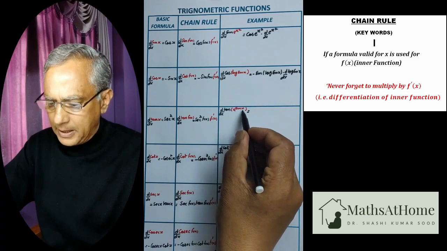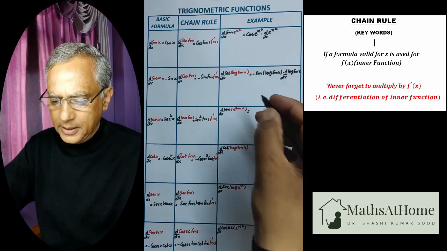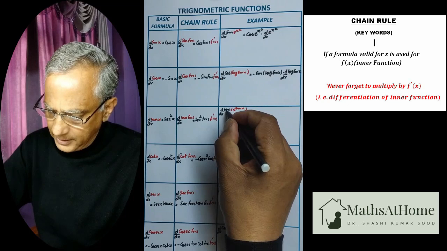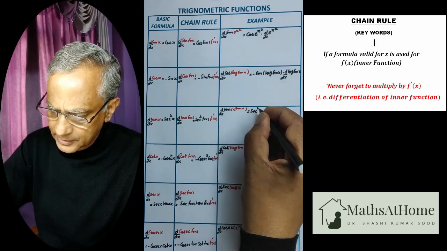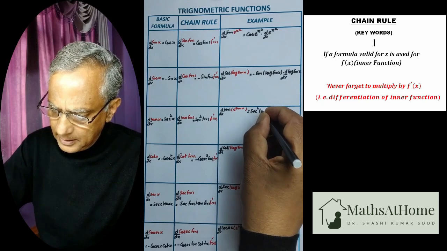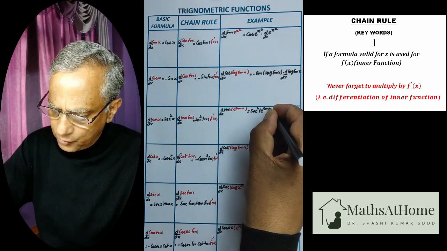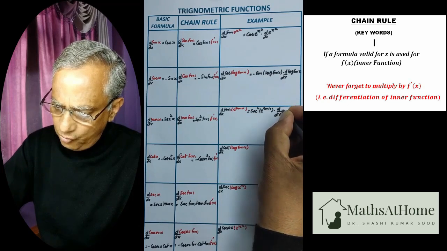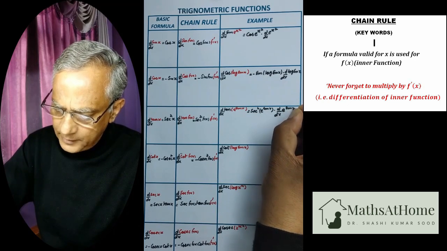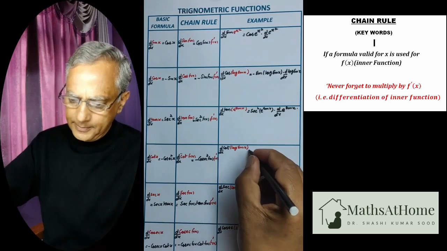So we must multiply by the differentiation of the inner function. So apply the formula: differentiation of tangent is secant square fx, secant square e to the power of sine x, into d by dx of e to the power of sine x.